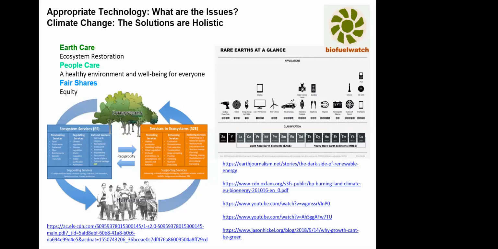And I think that we have to do it, I like to do it anyway, from the perspective of the permaculture ethics. When I'm making decisions, I think about earth care, about what impacts my decisions, including my decisions for energy, are going to have on the earth. And I would prefer ecosystem restoration. What about people care? We need to ensure that we have a healthy environment and well-being for everybody and not just greenwashing. And fair shares, equity.